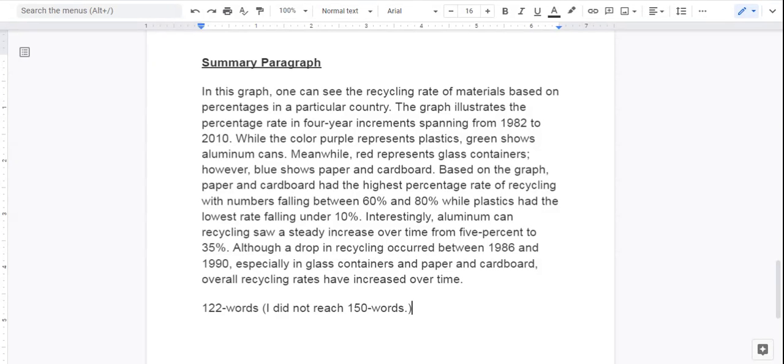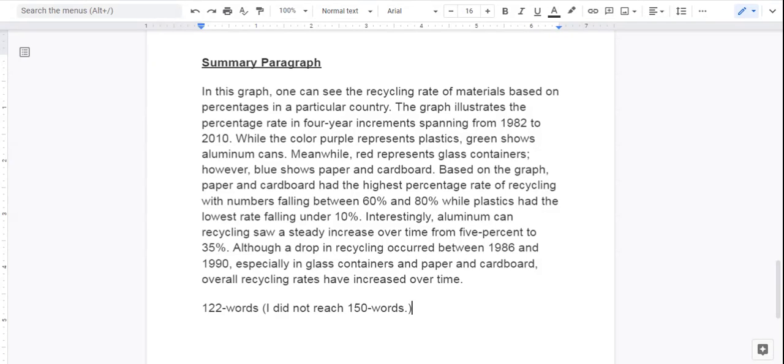Okay, summary paragraph. In this graph, one can see the recycling rate of materials based on percentages in a particular country. The graph illustrates the percentage rate in 4-year increments spanning from 1982 to 2010. While the color purple represents plastics, green shows aluminum cans. Meanwhile, red represents glass containers. However, blue shows paper and cardboard.